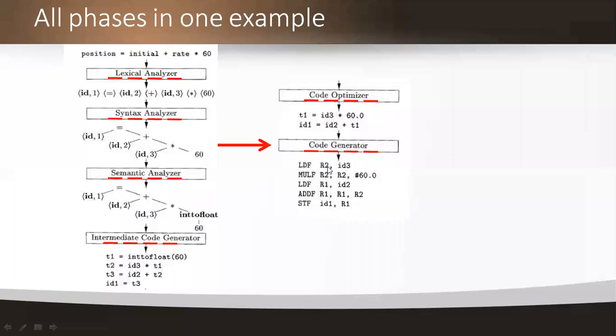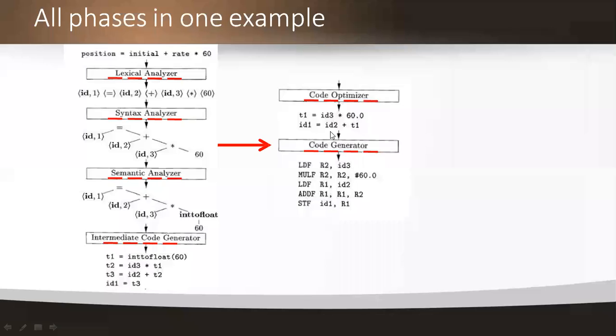Now R2 consists of ID3. Now this ID3 is going to be multiplied with 60.0. That means I am performing a multiplication operation, MULF. R2 comma 60.0, multiplying these two, and the result is stored in the R2 register. And line 1 is completed.